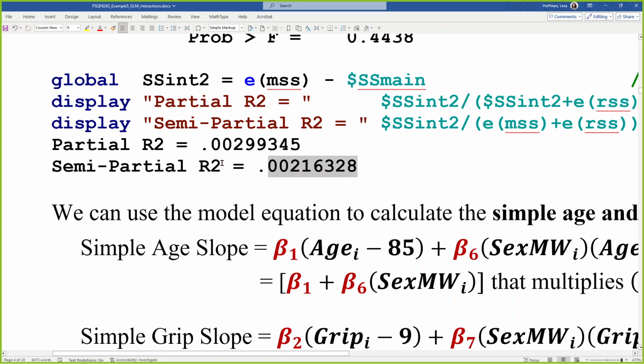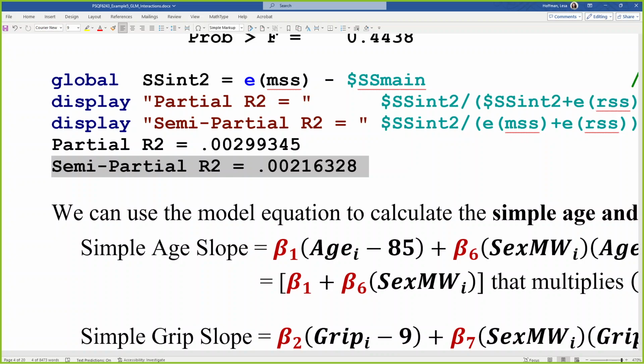Semi-partial R square has another definition. 0.002. That's the effect size for my 2 new slopes. It is also the change in the R square. That is what semi-partial R eta squared means. How much of the R square are these 2 slopes responsible for?